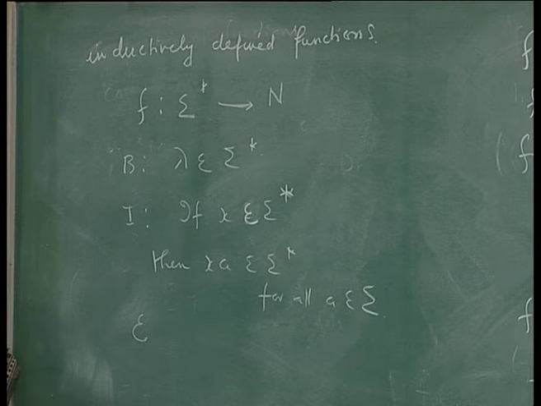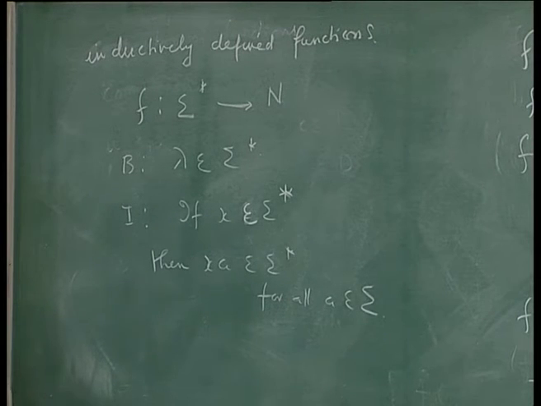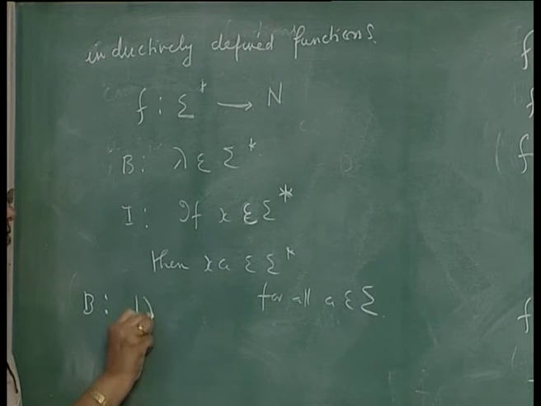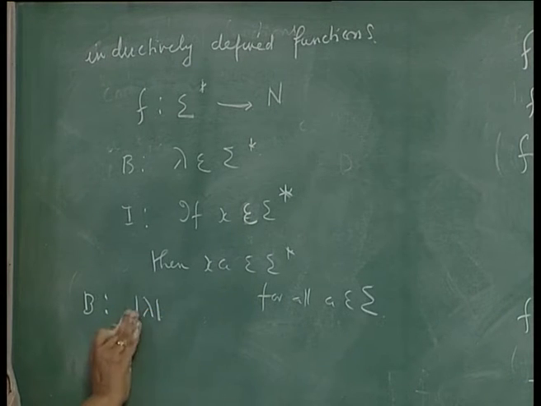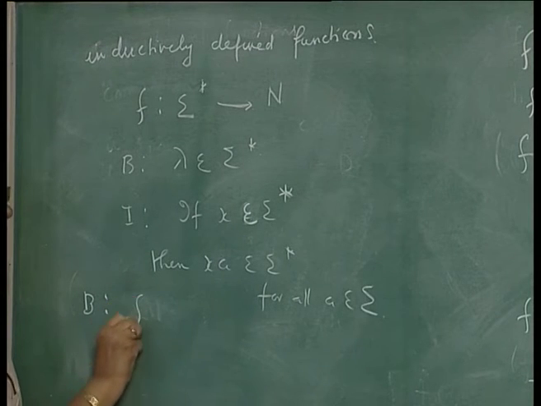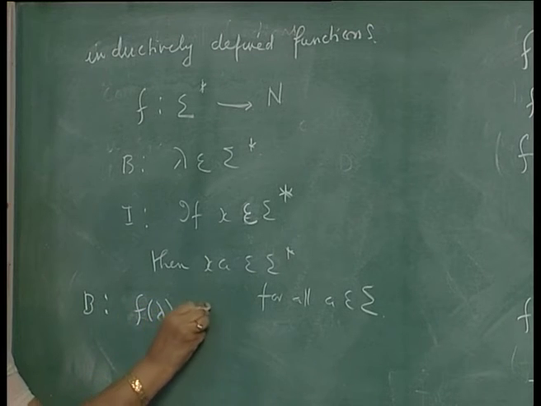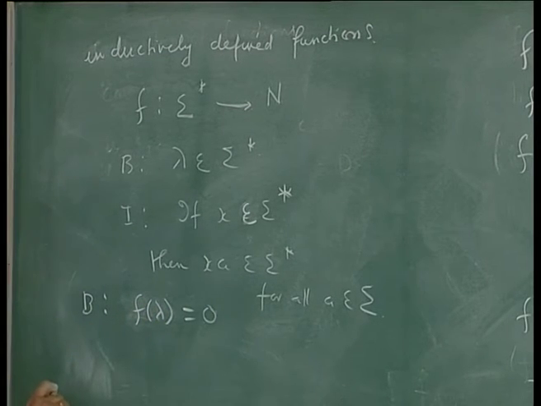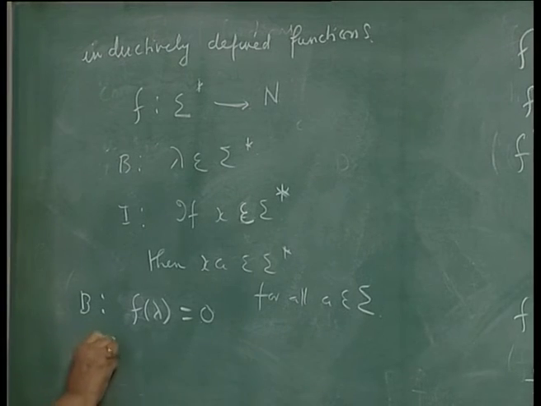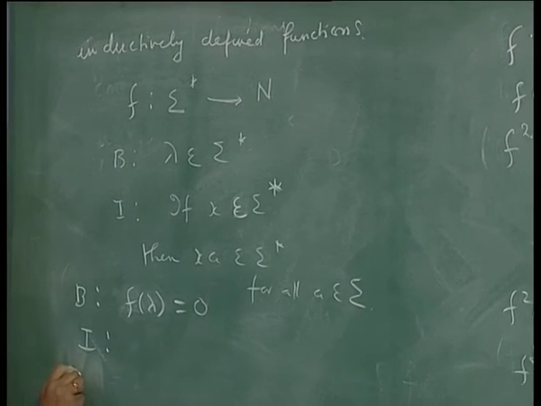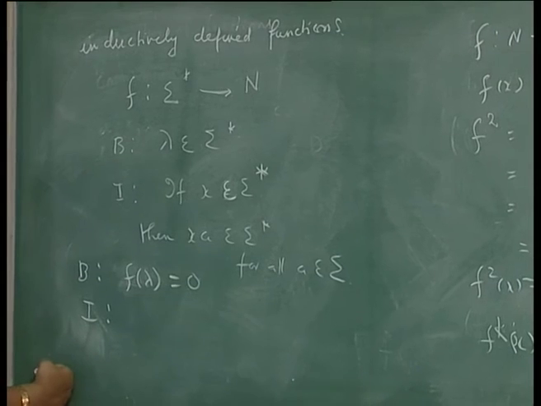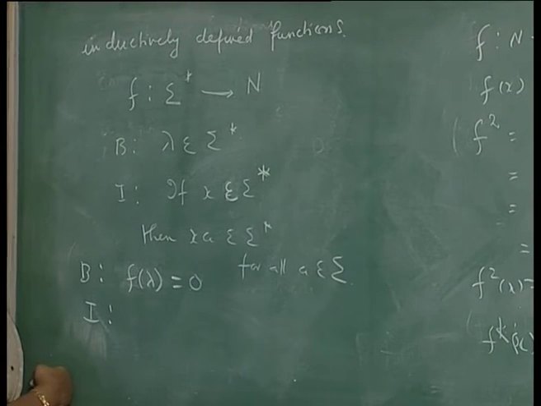Now, knowing that this can be defined inductively like this, how can you define this function inductively? You see that the basis class you can define like this: f is the length, so f of lambda is 0, the length of the empty string is 0. And the induction portion you define like this. If x belongs to sigma star, xa belongs to sigma star.